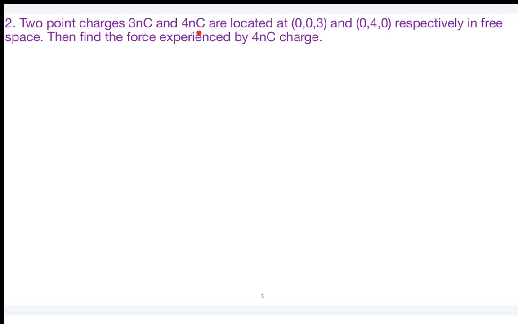And 4 nanocoulombs is located on the y-axis, you can see 040. So you can take this as your z-axis and this as your y-axis. There is 3 nanocoulombs located here at 003 and 4 nanocoulombs located here at 040.